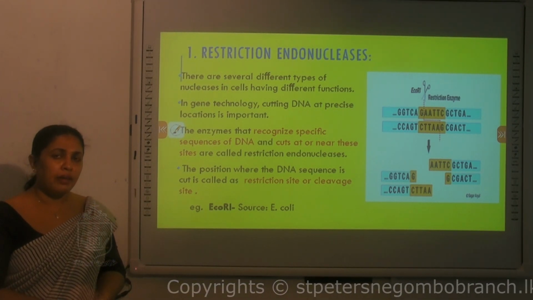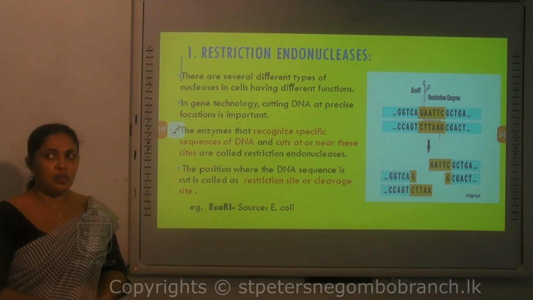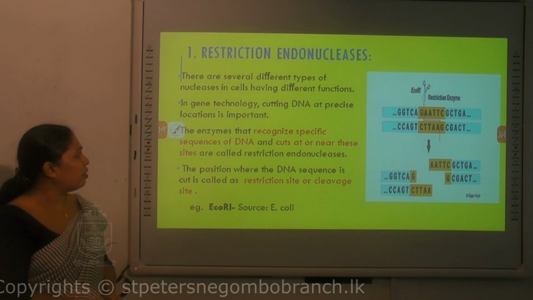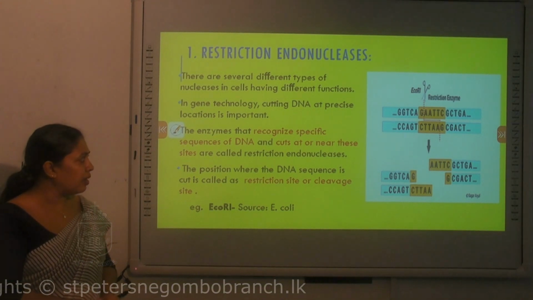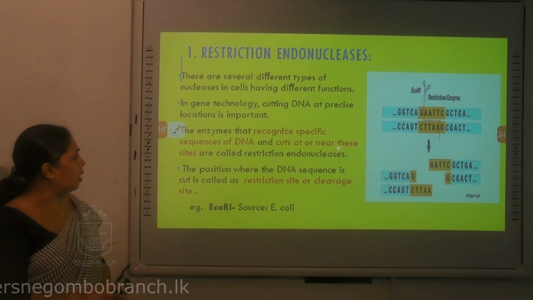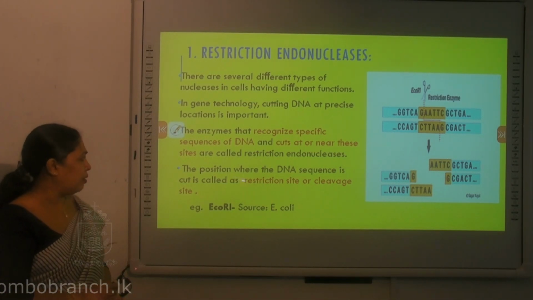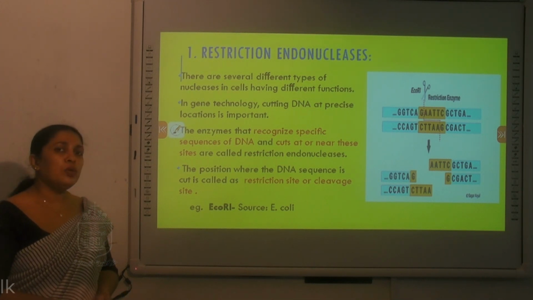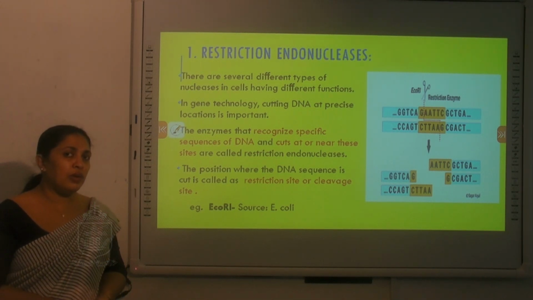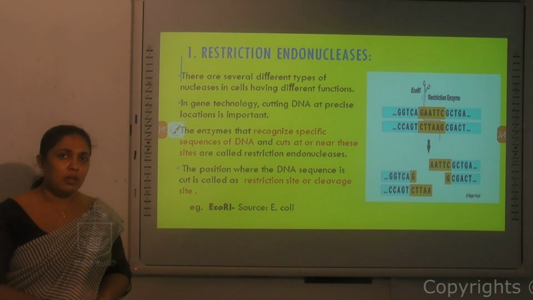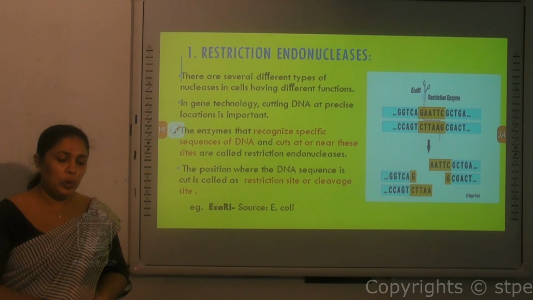So both are cut, and they should be ligated. For cutting, we are using restriction endonucleases. They recognize specific DNA sequences and cut at the restriction sites. The most commonly used restriction endonuclease is EcoR1, an enzyme obtained from E. coli.